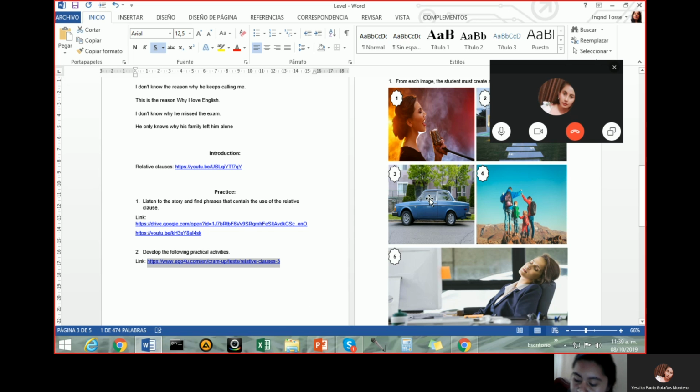Okay, number three. That is the car that you should rate. Number four: Luisa and Luis, whose sons are children, are having a great time. Very good.